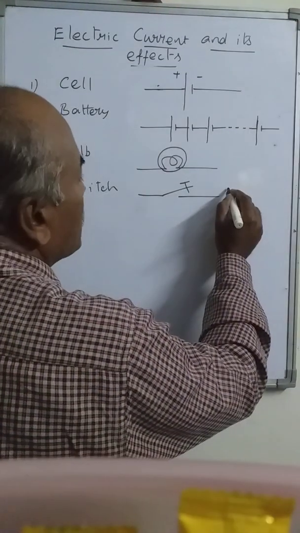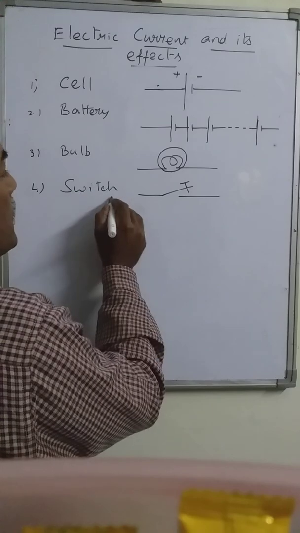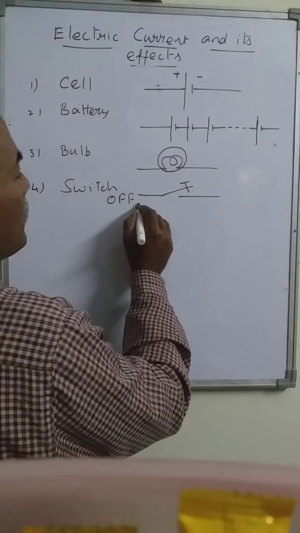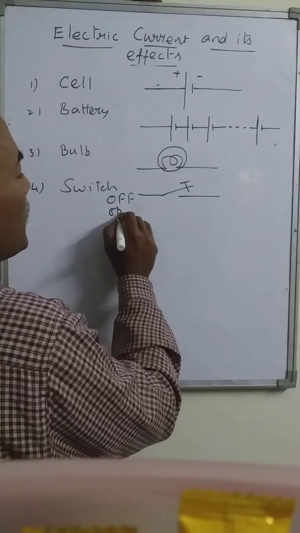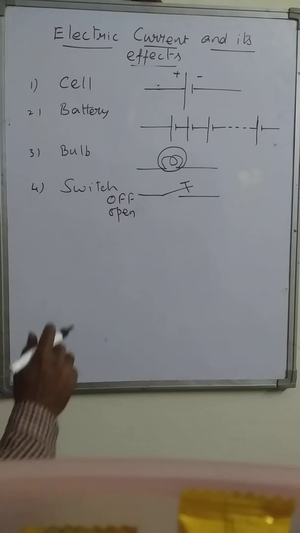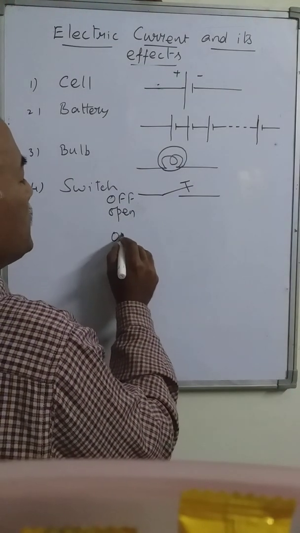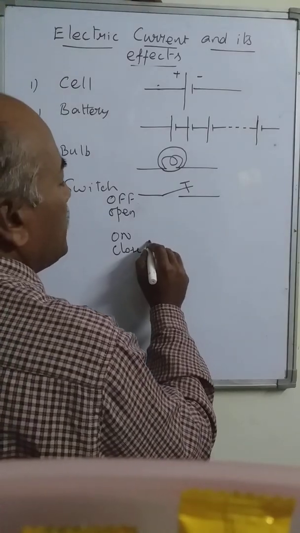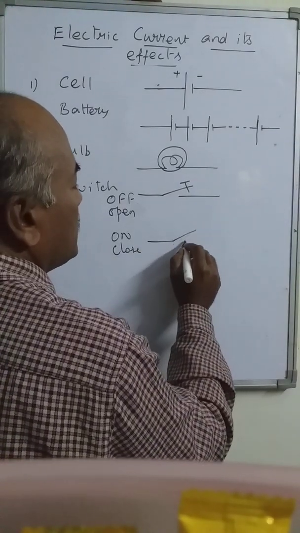The switch is off, or it is open. We may call it an open switch or switch in off position. If it is in on position, or close, it can be kept in contact.